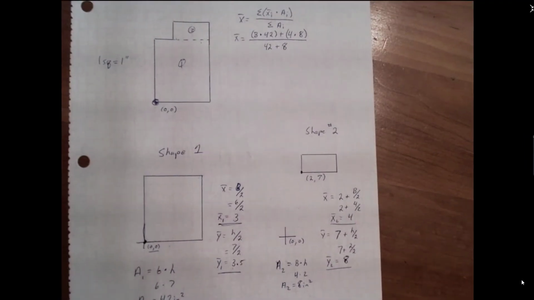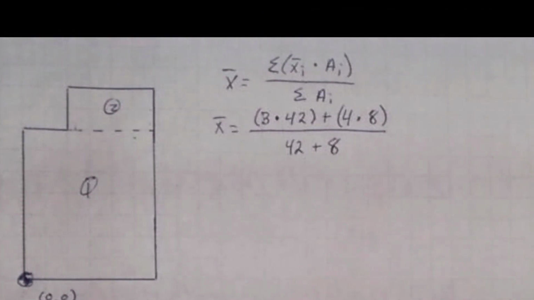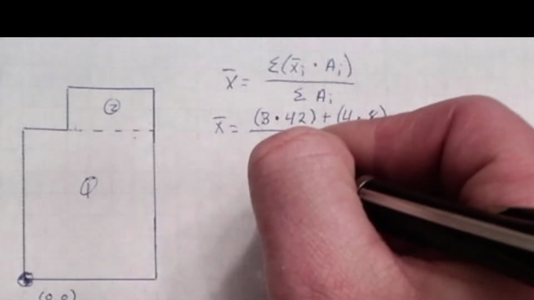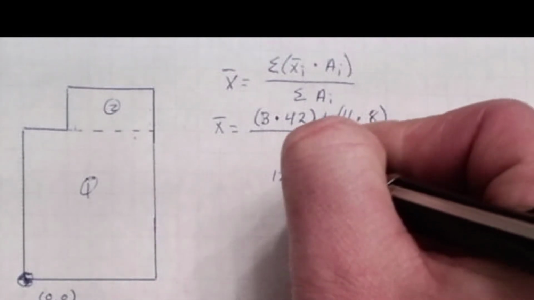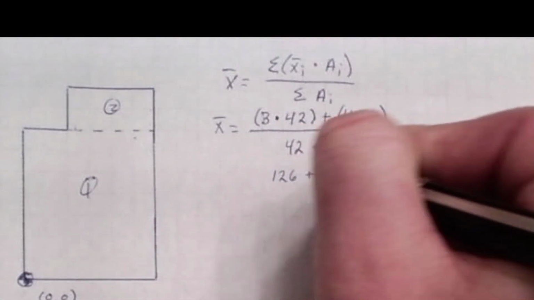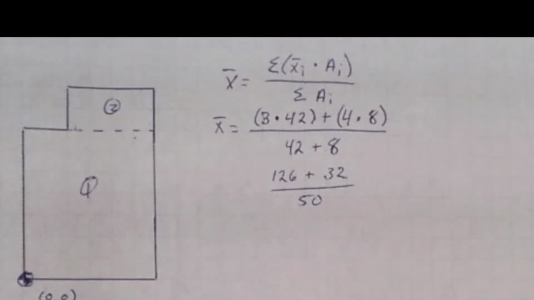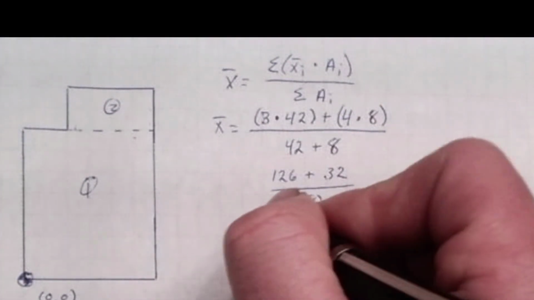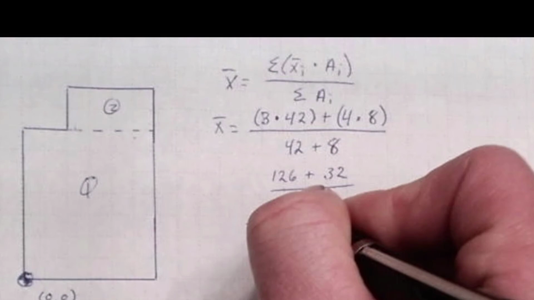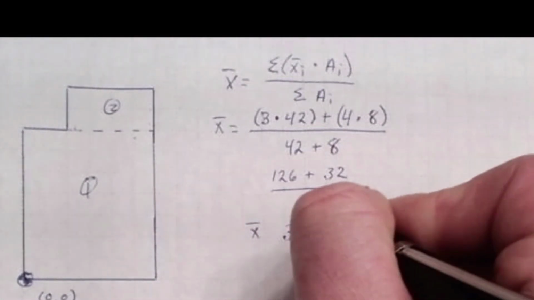Now that simplifies to 126 plus 32 over 50. You should get an x bar for the shape of 3.16.